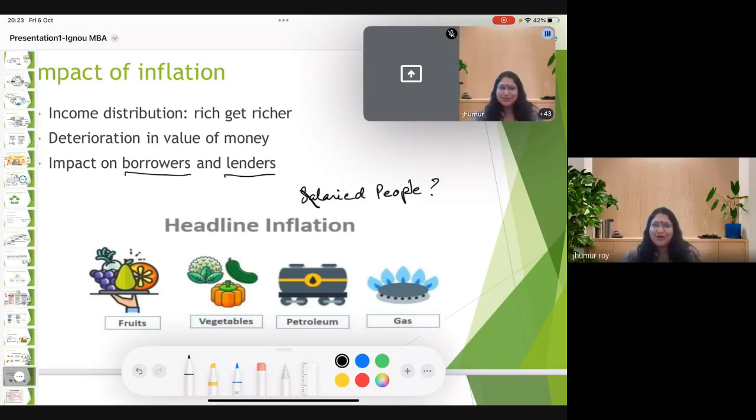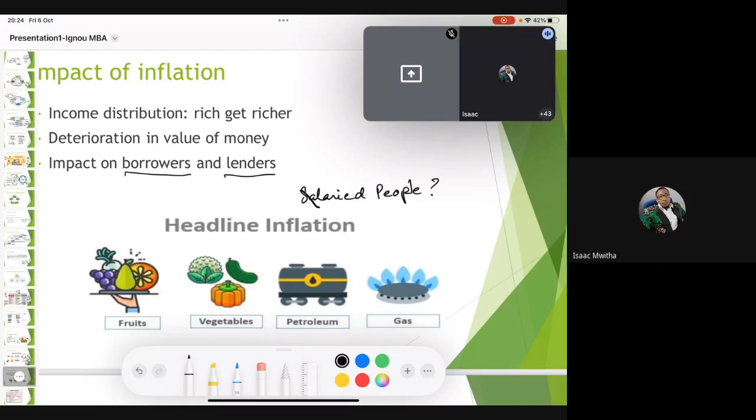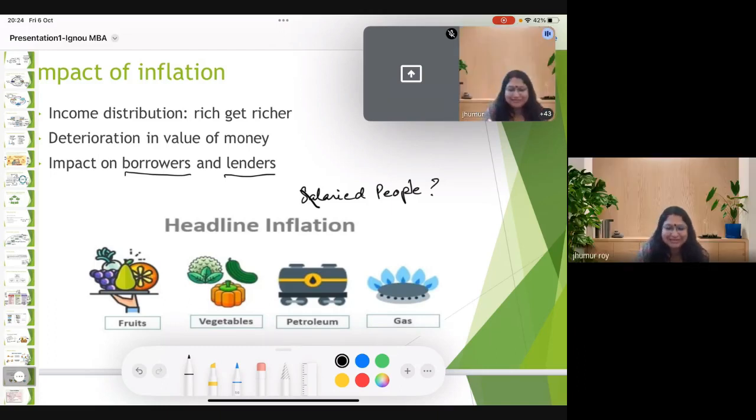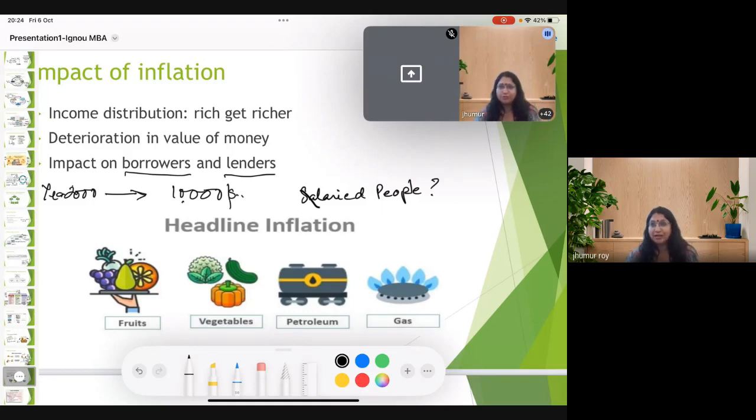Okay. You're correct that the borrowers are going to gain and the lenders are going to lose. Suppose in the year 2000, you have taken $10,000 from somewhere. With this $10,000, you could buy a lot of things, but in 2010, this person has returned this $10,000 to you.